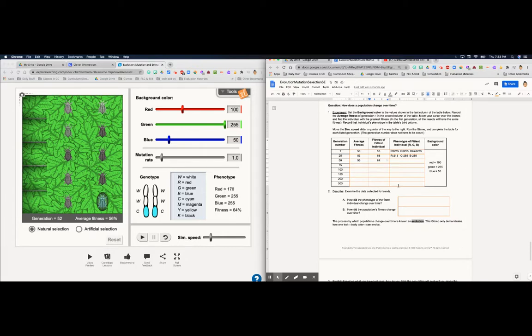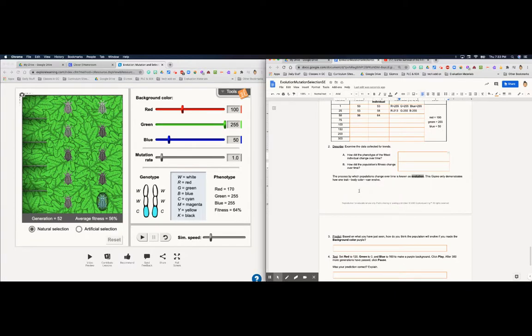You're going to go through all of those, and then answer these questions. How did the phenotype of the fittest individual change over time? Remember, the fittest individual is the one with the highest fitness level. How did the organism change over time? And how did the population's fitness change over time? The average fitness of the population is here, so what trend occurs?